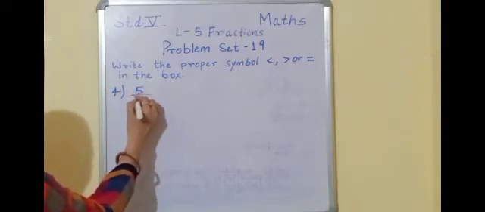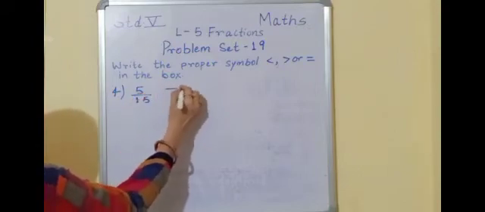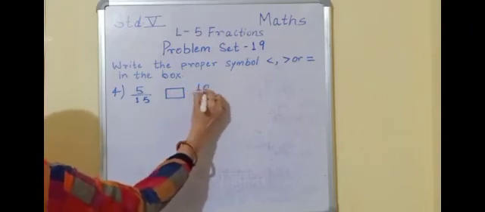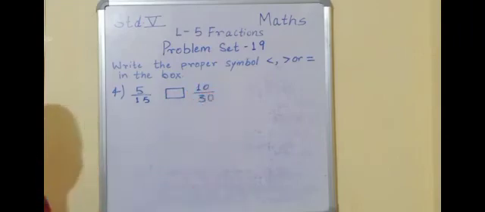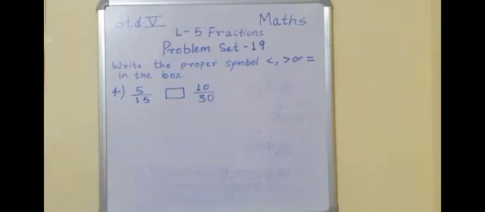5 by 15 and 10 by 30. These fractions are having different denominators, so these are unlike fractions. To compare these fractions, we have to convert these fractions into like fractions.